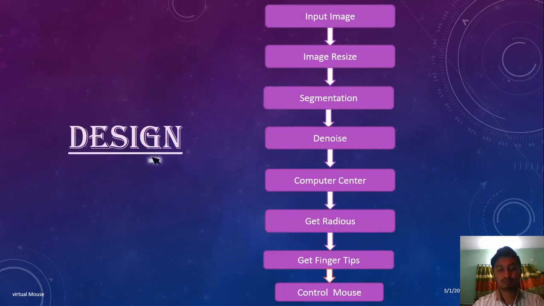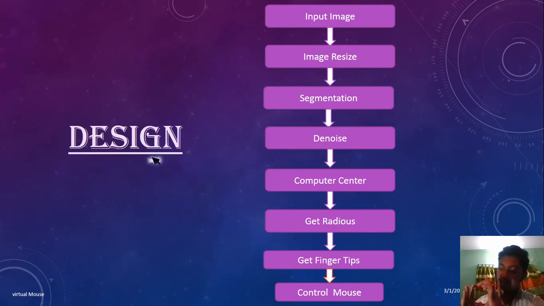Design. First take the image, then resize the image, segment the image, and denoise it, and we find the center of the palm, and then make the radius of the palm.